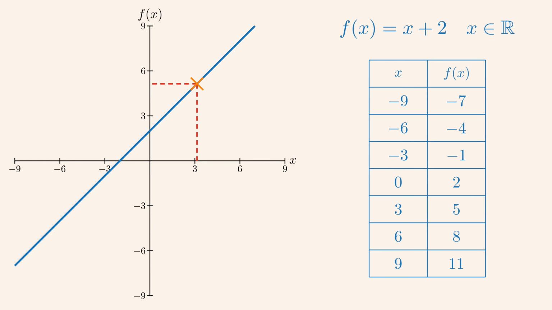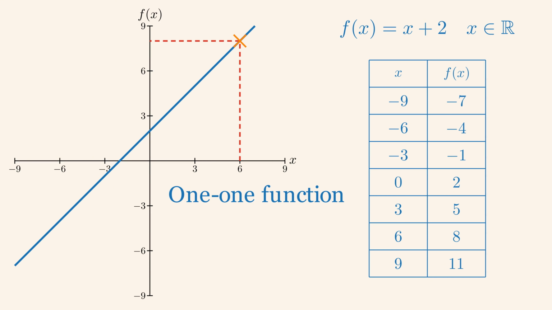As we move across different values of x, the dashed lines and cross show that each input gives exactly one output. Since this graph also doesn't repeat any f of x value for different x values, we call it a one-to-one function.